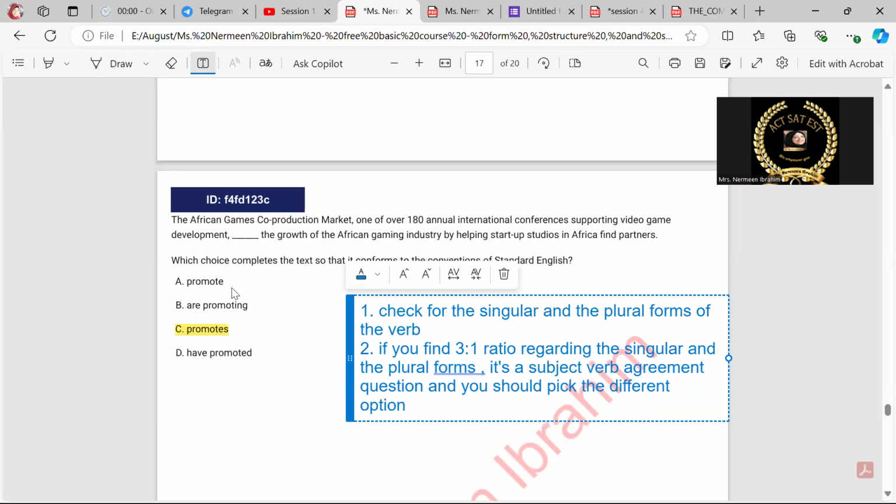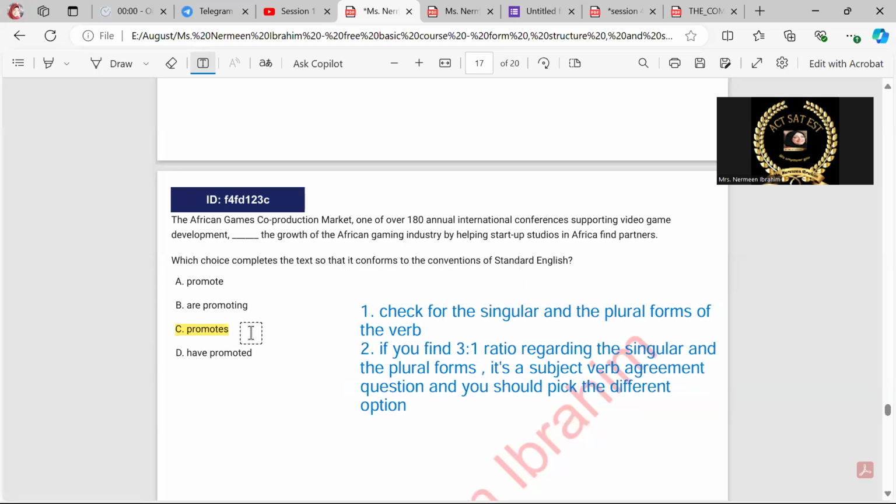Now, look here. Do you have any differences regarding the singular and plural forms here?